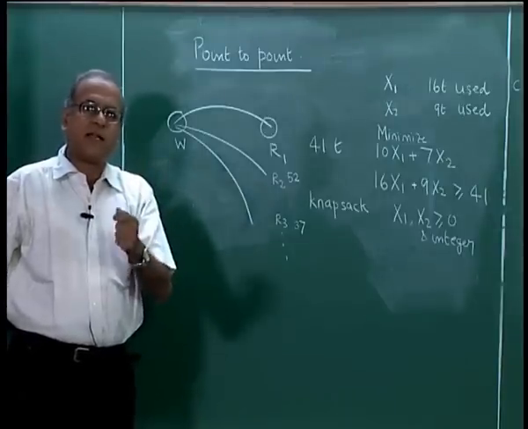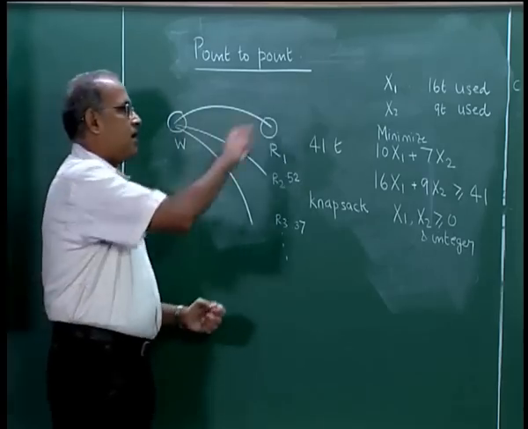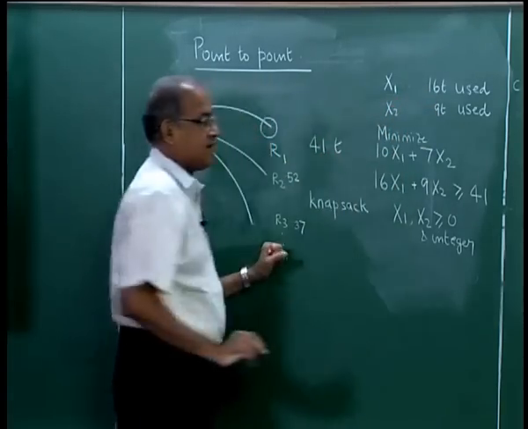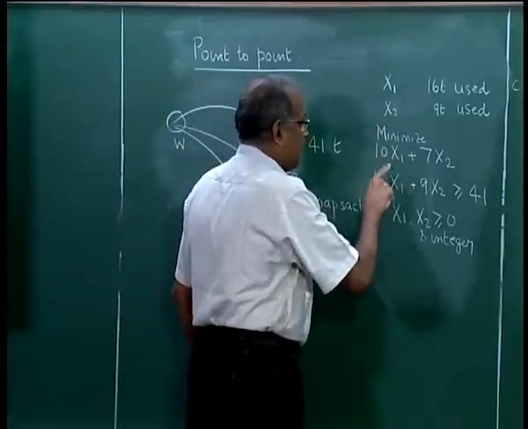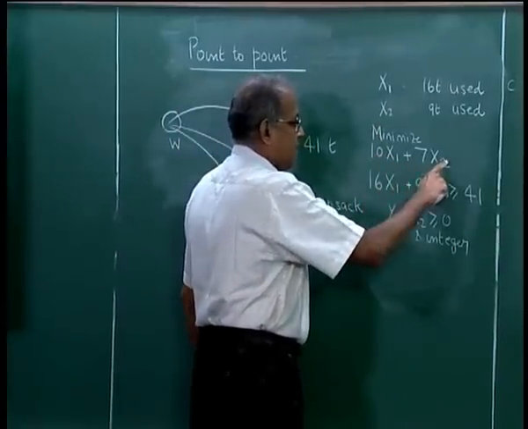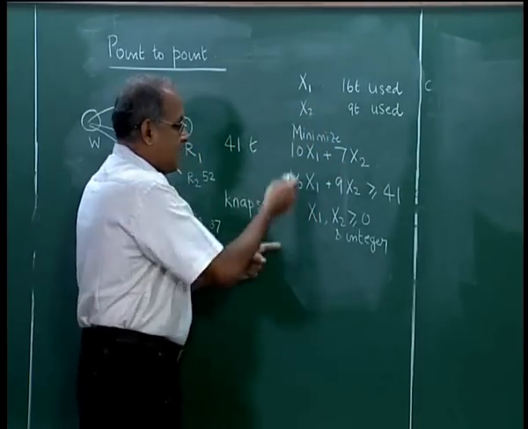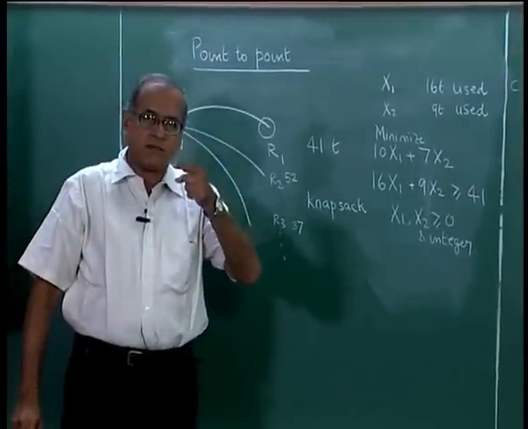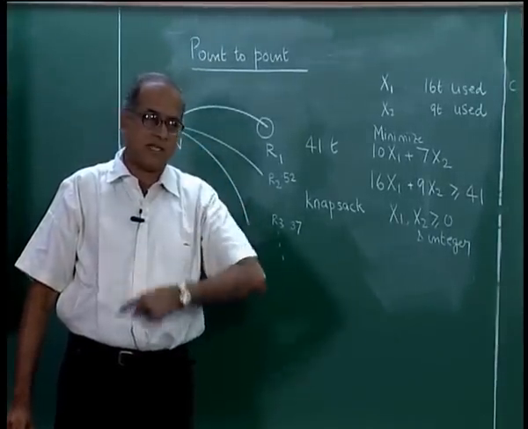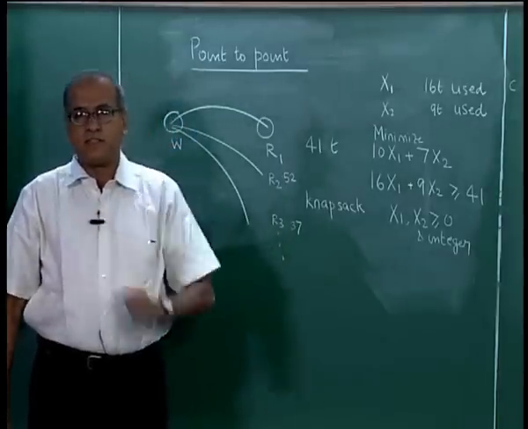But if there is a capacity restriction or availability restriction on the number of 16 ton trucks and 9 ton trucks available, then it would simply become 10x11 plus 7x12, there will be another 2, 1, 2, 2 and so on, and then there will be a constraint which will say x11 plus x12 plus x13 plus x1n will be less than or equal to the available number of 16 ton trucks.